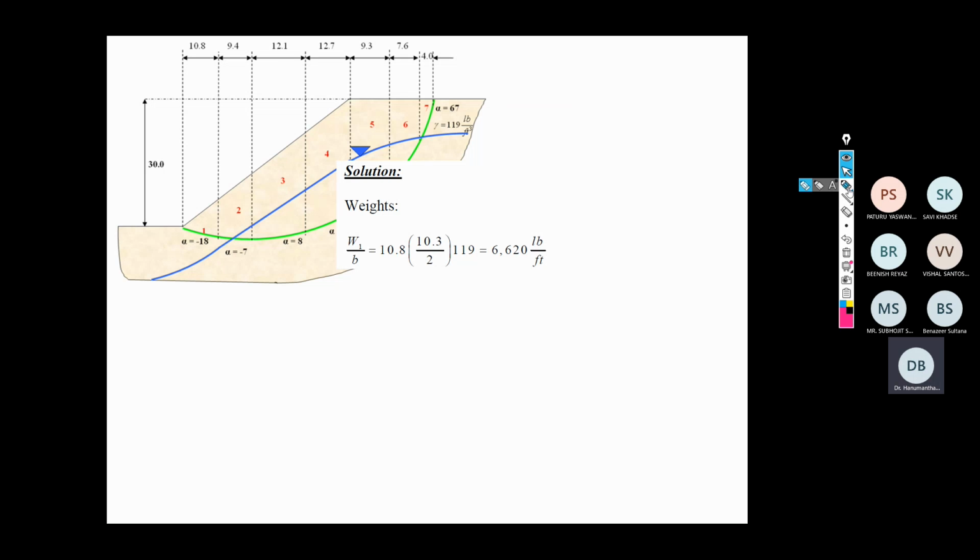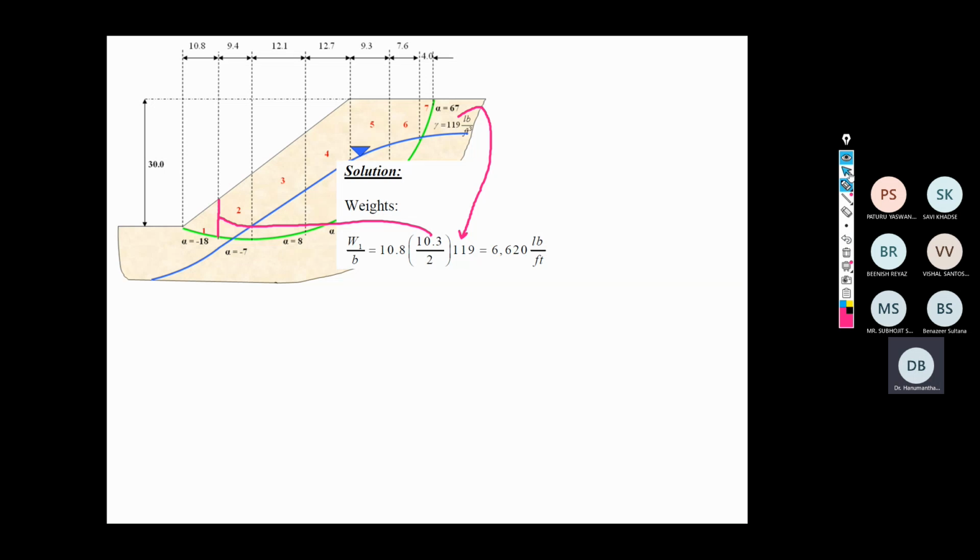Height is 10.3, so this 10.3 is the height of this side. Half base into height multiplied by density, that is 119, will give me the weight of this slice, that is 6620 pounds per foot.